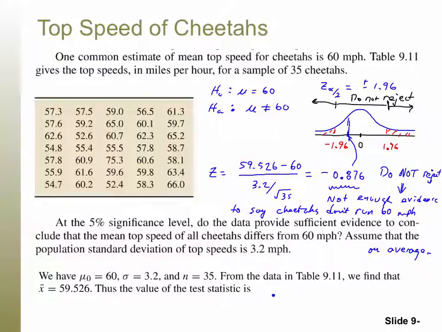Okay, so the p-value. For negative 0.876, you got this area to the left. So when the z-score is negative 0.876, what'd you get for that? 18.94%. So is that the p-value?